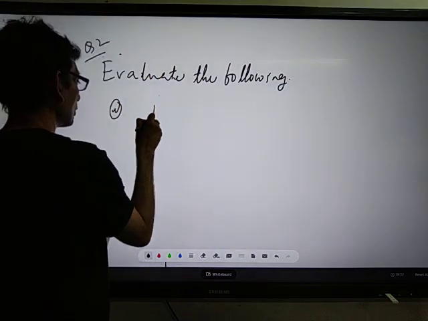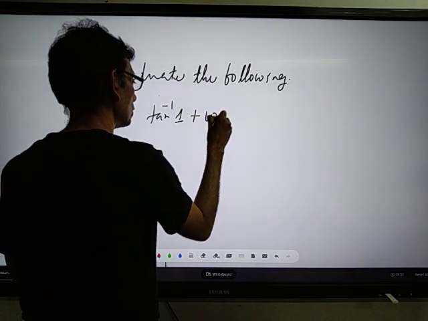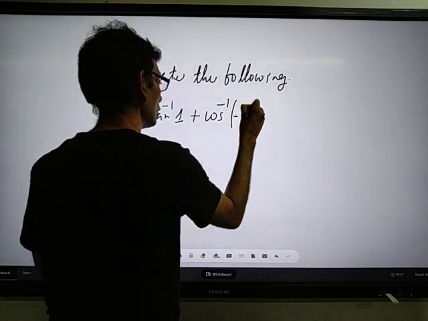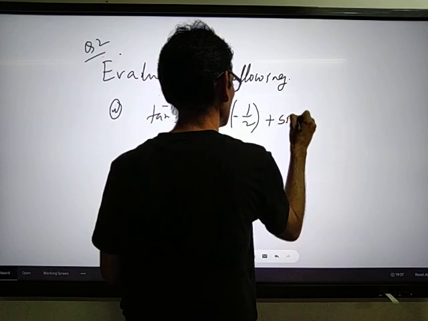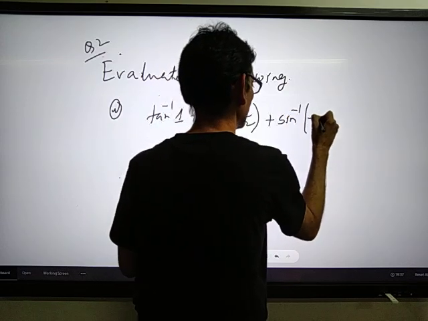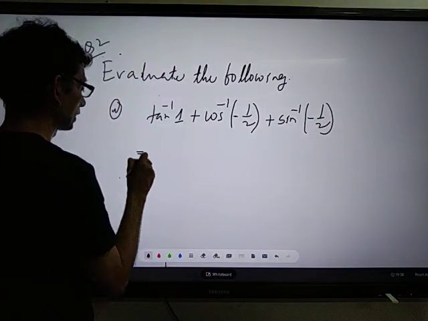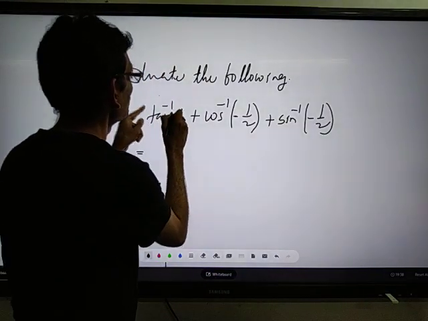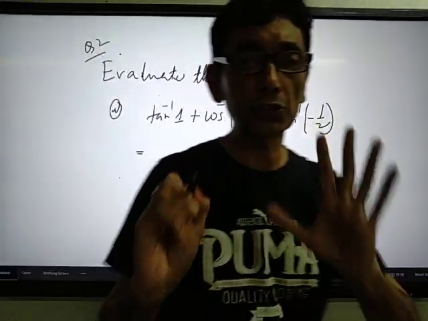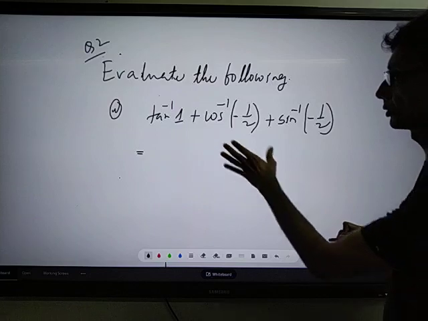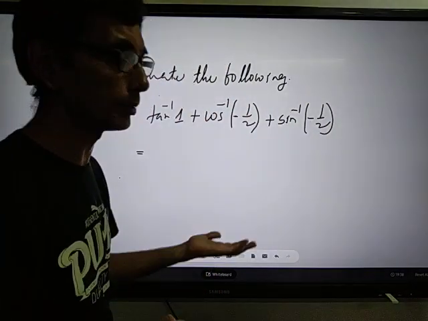Tan inverse 1 plus cos inverse minus half, then plus sine inverse minus 1 by 2. How to solve this? Remember this, we need to find the principal value of each of the functions. It's given evaluate, they are not mentioning any branch, so we obviously understand that we need to calculate this on the principal value branch.